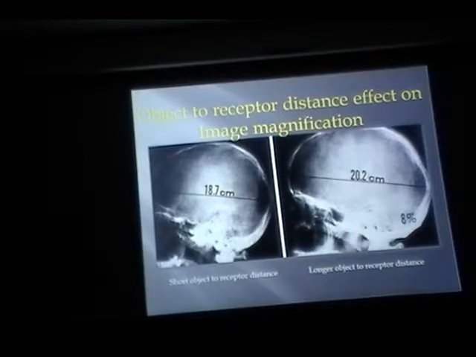Although this image is an exaggerated form of skull, for us, because we are dealing with teeth, like 10 to 12 millimeters, even 1 or 2 millimeters is going to skew our dimensions.